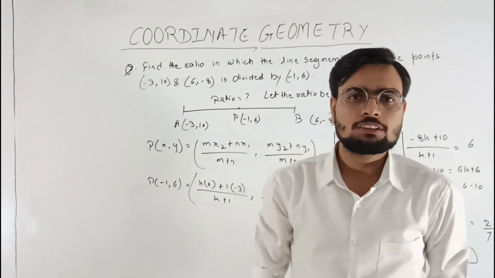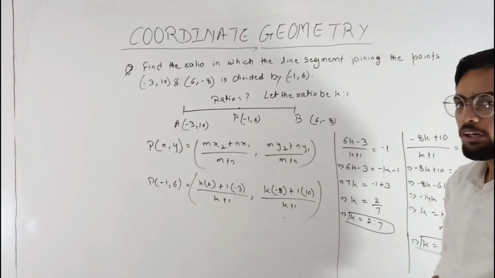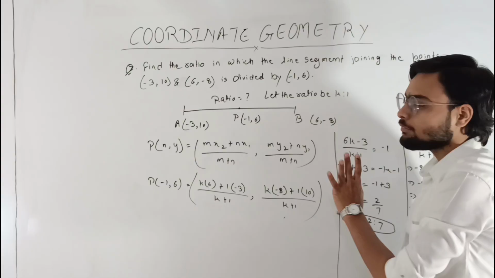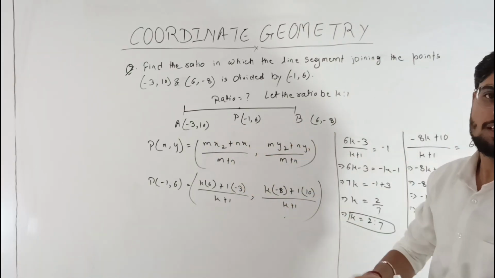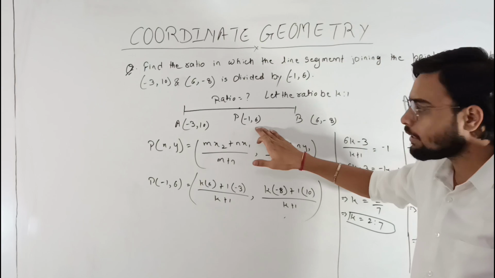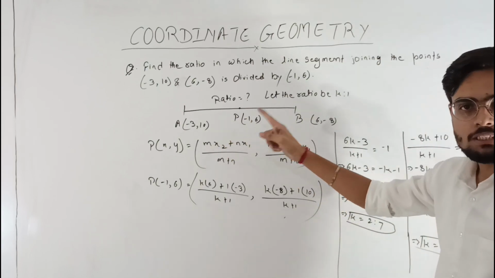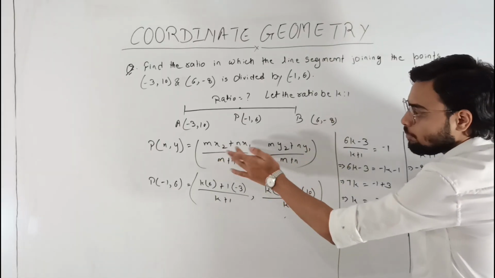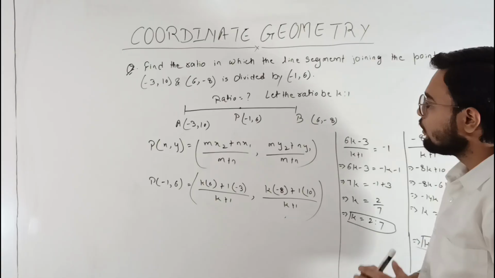Okay, so now let's see one more time. The question is: there is a line AB and the coordinates of this line AB are given, that is (-3, 10) and (6, -8). The question says this line is divided by a point and the coordinates of this point are (-1, 6). Then we have to find the ratio in which this line AB is divided by the point P. So I use the section formula, which is (mx2 plus nx1) upon m plus n and (my2 plus ny1) upon m plus n.